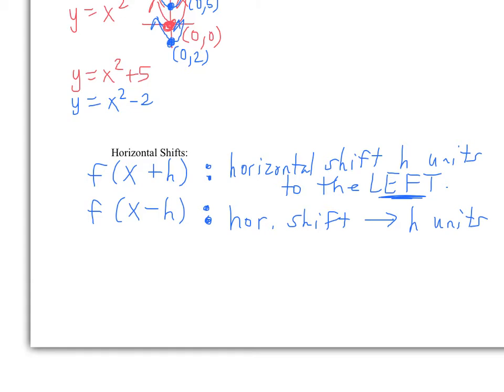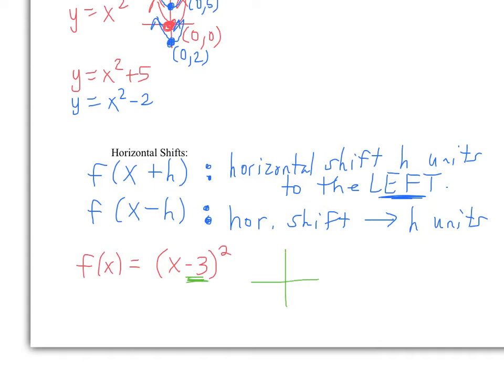Okay? So suppose we're talking about something like f of x is equal to x minus 3 squared. Okay, the parent function, the starting function, is x squared, just like we saw up above. So suppose we're now taking that and we want to apply this change on the inside of minus 3.